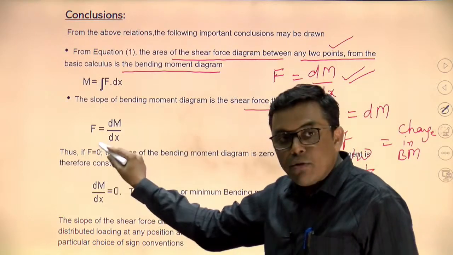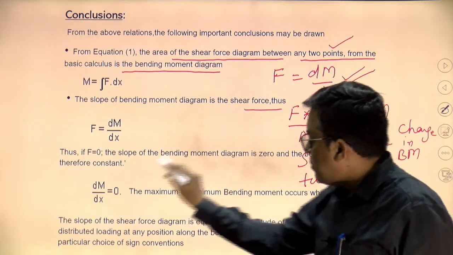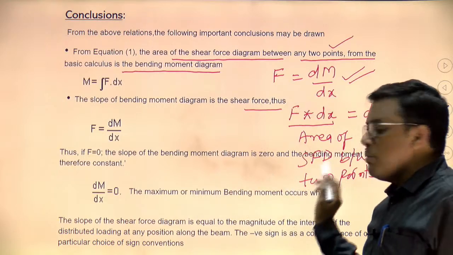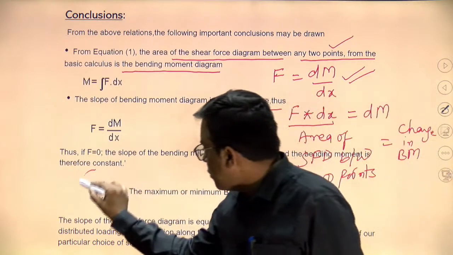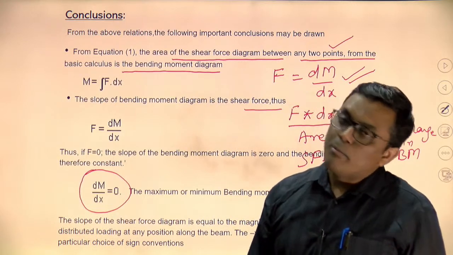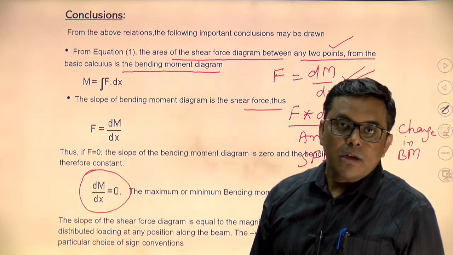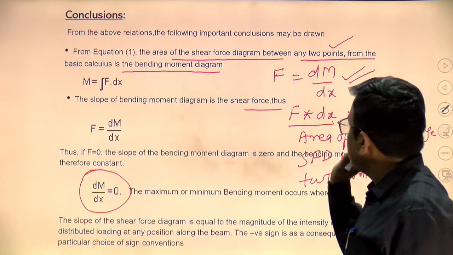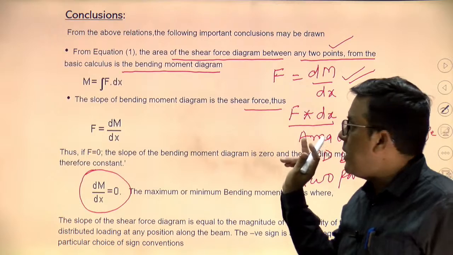If at a particular point f is 0, then dm over dx equals 0, so the maximum or minimum bending moment occurs here, because according to calculus this is the condition of maxima or minima. I hope there is no confusion. 2-3 conclusions we are drawing from here.